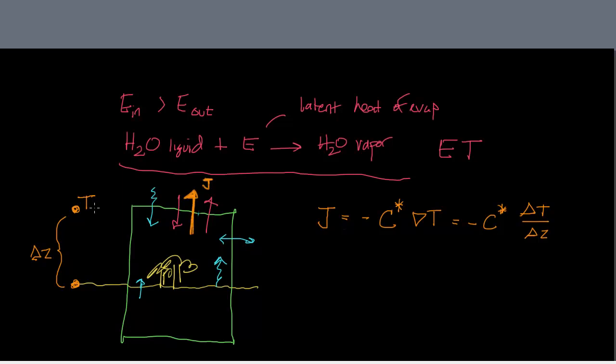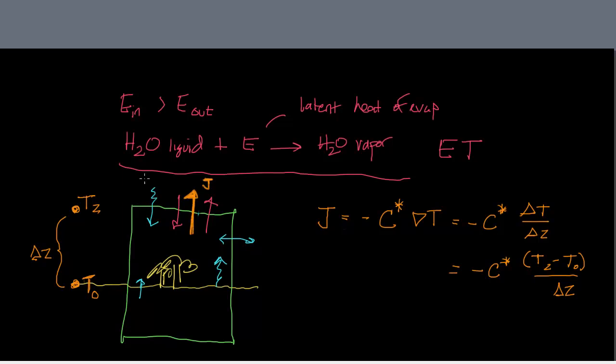I'll just call it T sub Z. And the temperature at the surface, I'll just call that T sub 0. So that I can write this, so J will equal minus C star times the change in temperature. Well, that's just T at whatever elevation I'm at minus the temperature on the surface divided by this distance delta Z. To put numbers on it, this might be 2 meters.